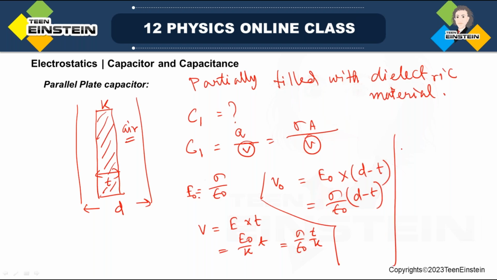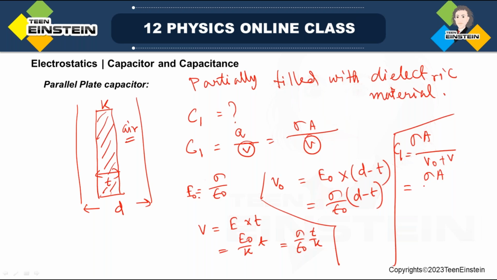The total charge is sigma into A. So the capacitance is sigma into A divided by V0 plus V. V is across the dielectric material, and V0 is across the air.